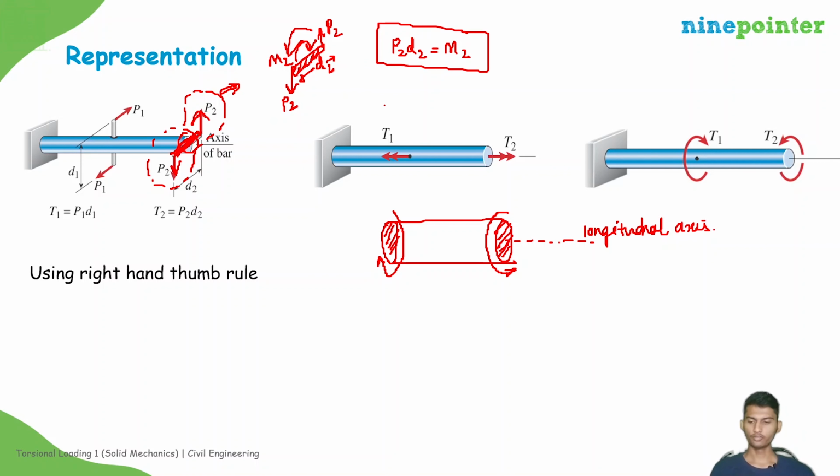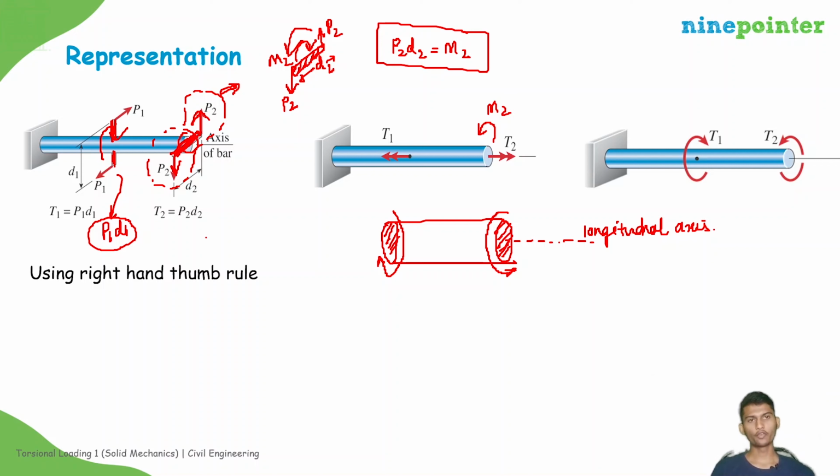So on the rod we will get this type of moment M2. Similarly here there is a rod, so the moment created by it will be P1 D1, and it is restricted by this rod. It is trying to rotate the rod in this direction, so the moment on the rod will become like this, equal to P1 D1.